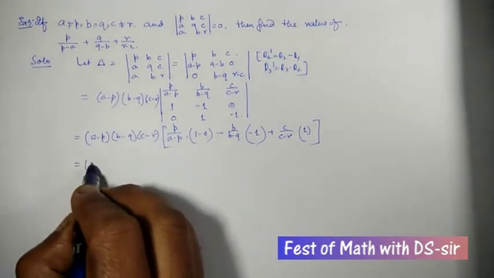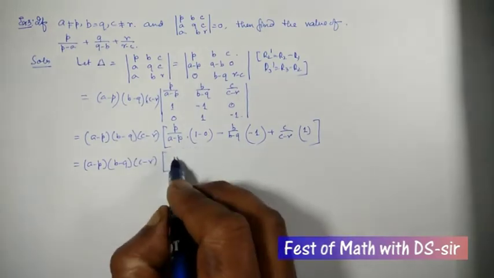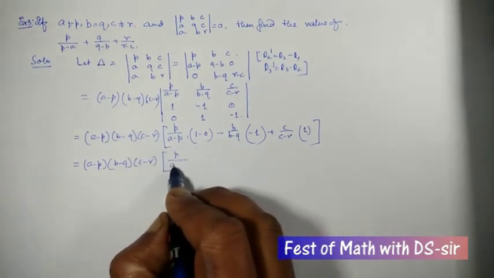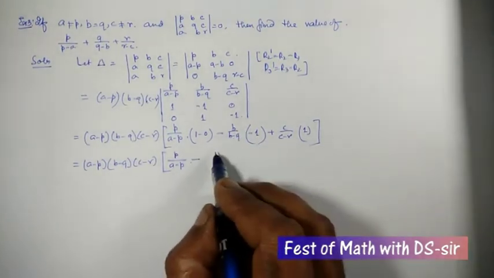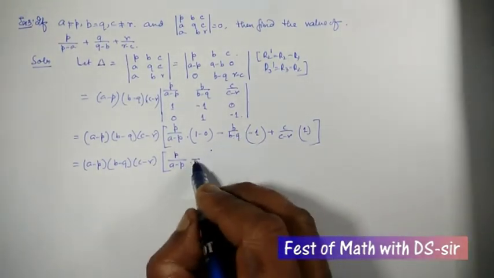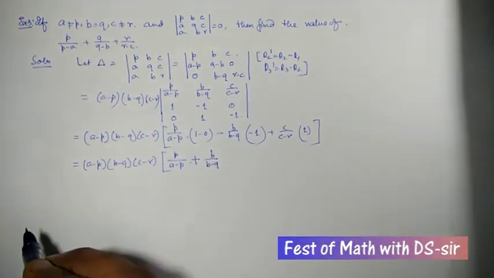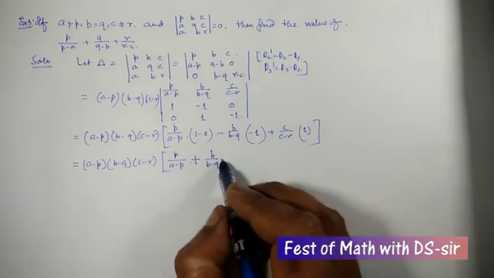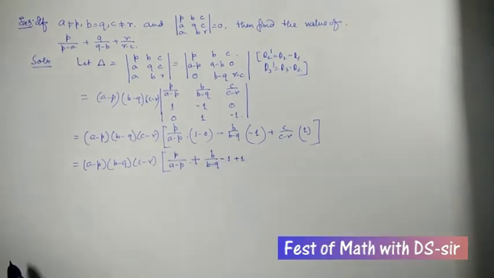That is equal to P by A minus P minus, see it is minus 1 plus B by B minus Q. I subtract minus 1 from here and add 1.